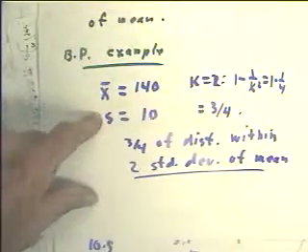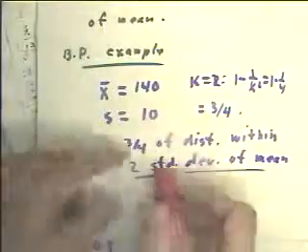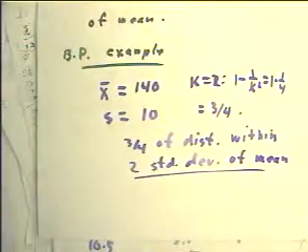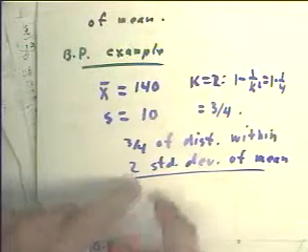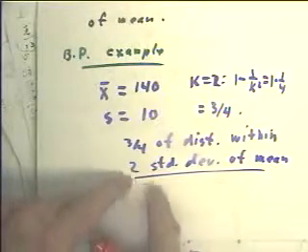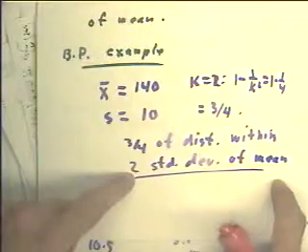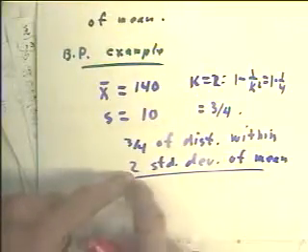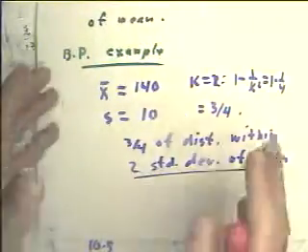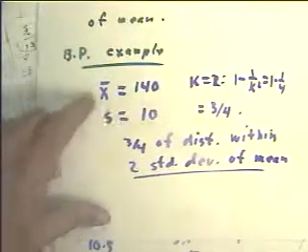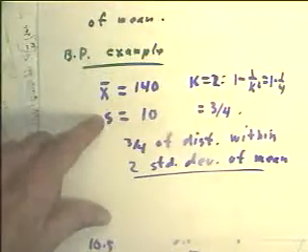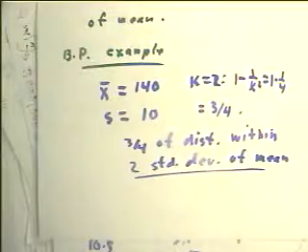Pause for a minute. Think about what numbers define 2 standard deviations from the mean. To be within 2 standard deviations of the mean, what numbers do you have to be between? Give it a pause and think about it.